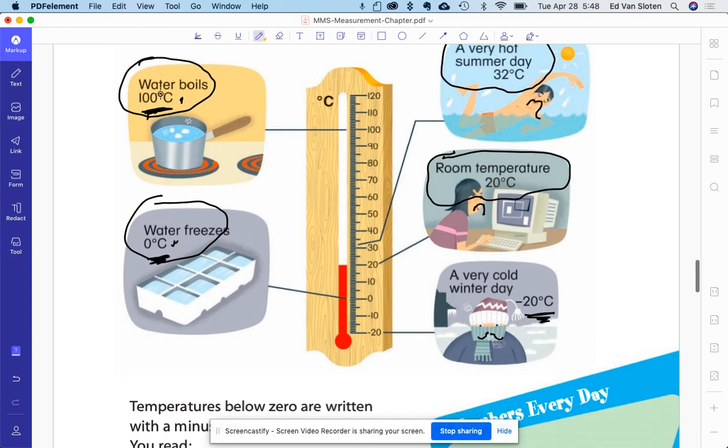So we've gone from the very hottest at 100 degrees Celsius, then we've cooled down to 32 degrees Celsius, which is very hot for a human being, but I kind of like a 32 degree day once in a while. Then we have our room temperature, comfy, cozy, 20 degrees Celsius. And then here, where you have to bundle up, minus 20 degrees Celsius.